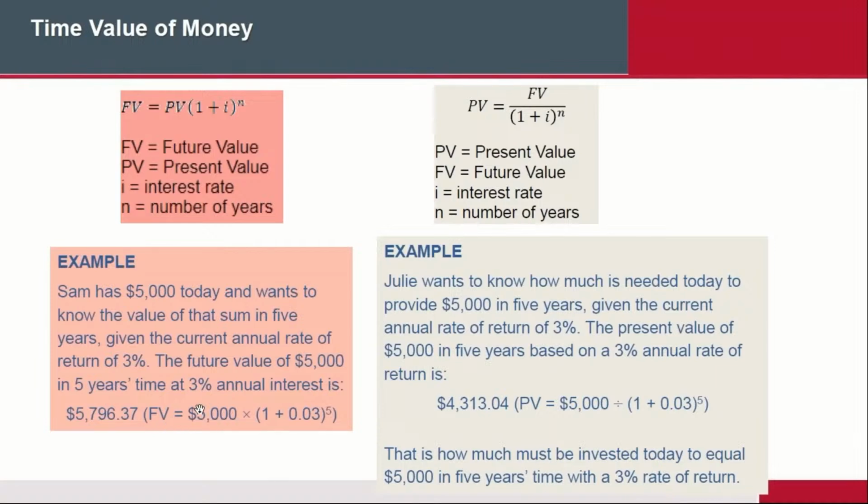Future value equals present value, which is your $5,000, times 1 plus 0.03. So once again, the 1.03 is multiplied by itself 5 times: 1.03 times 1.03 times 1.03. And when you multiply that out, whatever that number comes out to be, you multiply that by 5,000 and you get $5,796. So that's a very important formula.